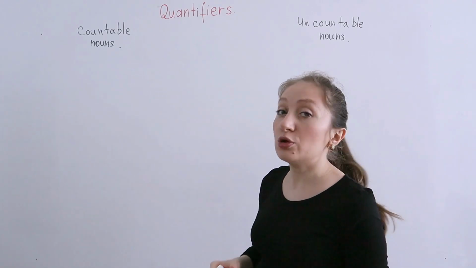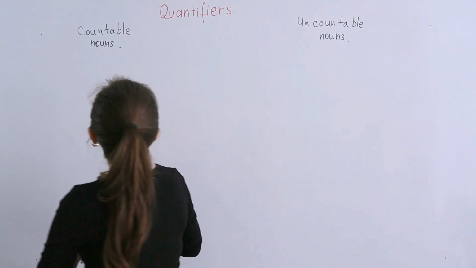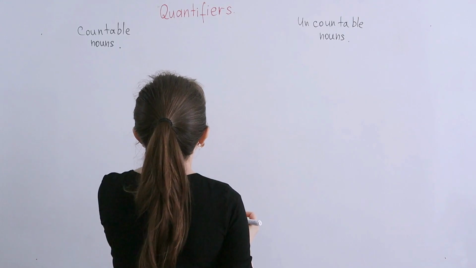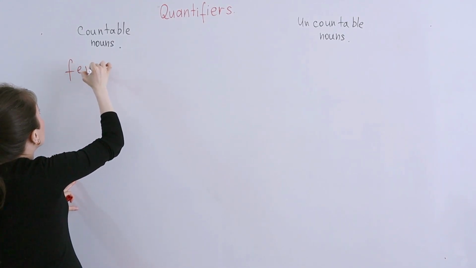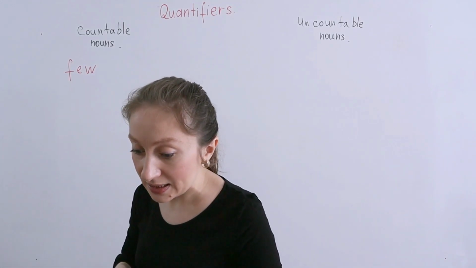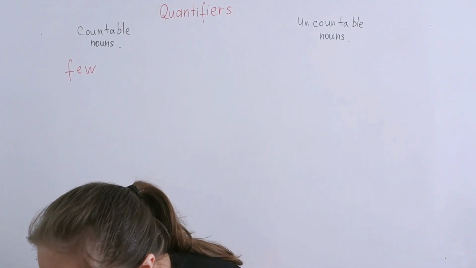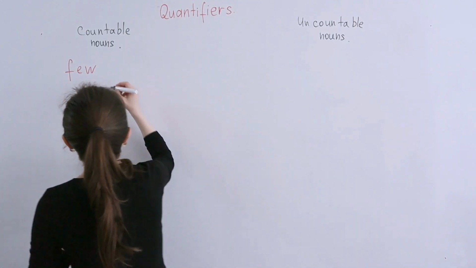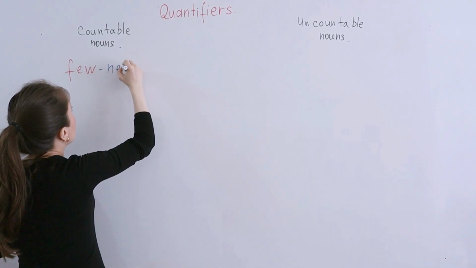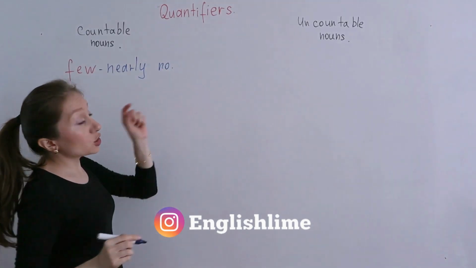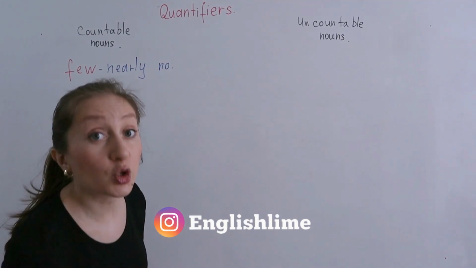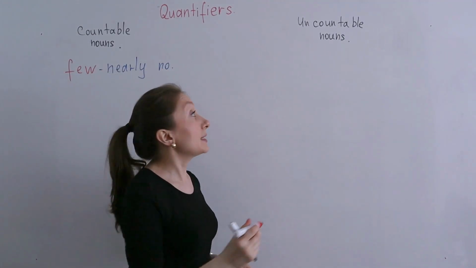So let me write them for you. With countable nouns, we use the quantifier few. It means nearly no. And with uncountable nouns, we use little.